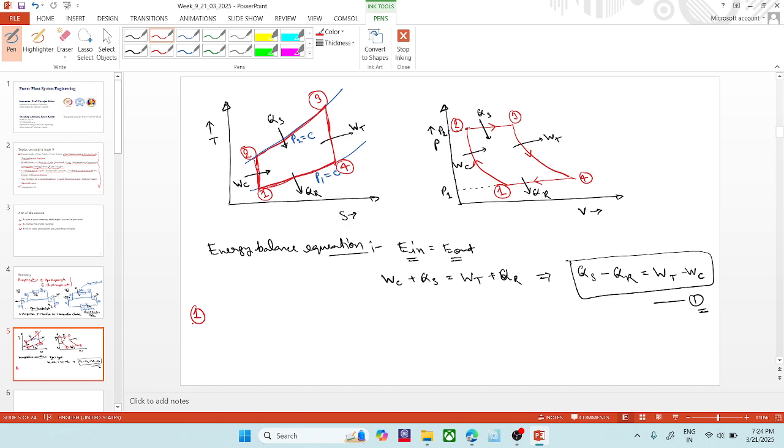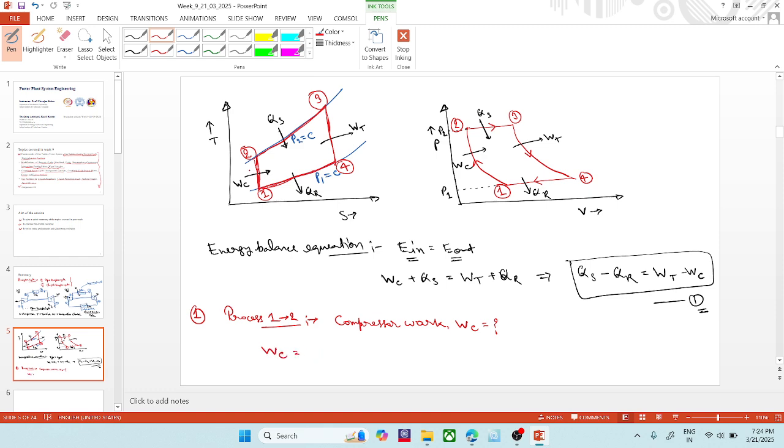The first process would be process 1 to 2. It is the isentropic compression of the working gas in the compressor. So here we have to find out the compressor work WC.